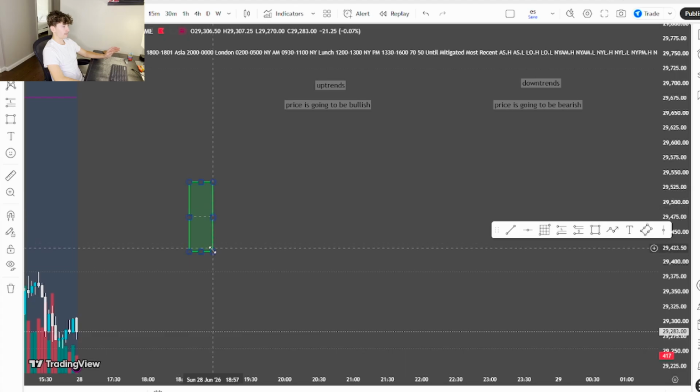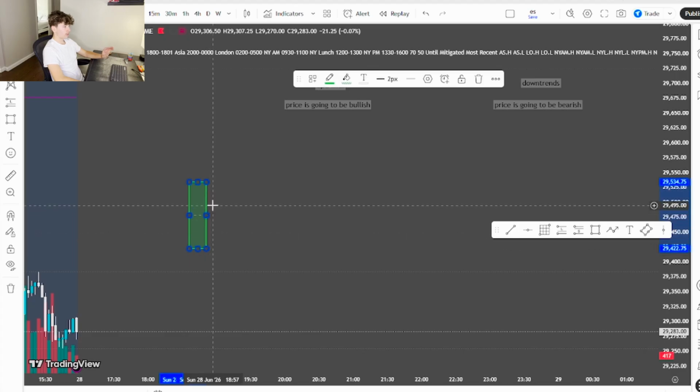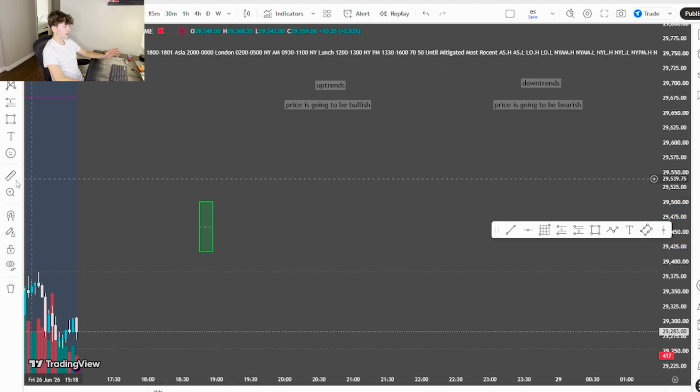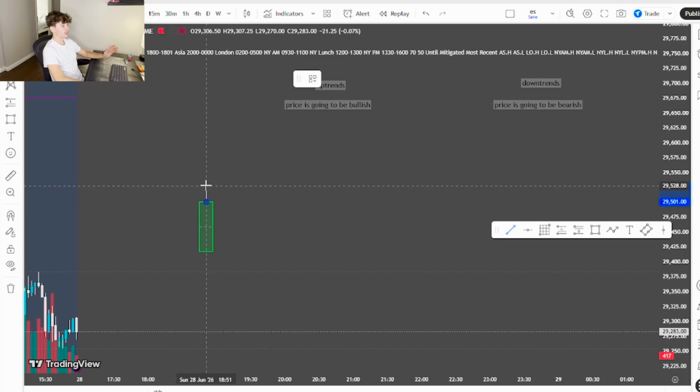Whenever you're starting out, your colors are going to look like this. So you have these bearish candlesticks. So you have these bullish candlesticks, right? And with these bullish candlesticks, price is moving like this.